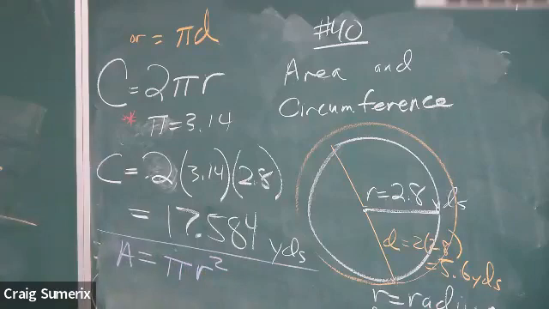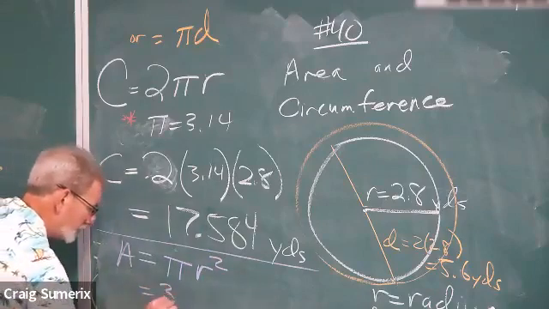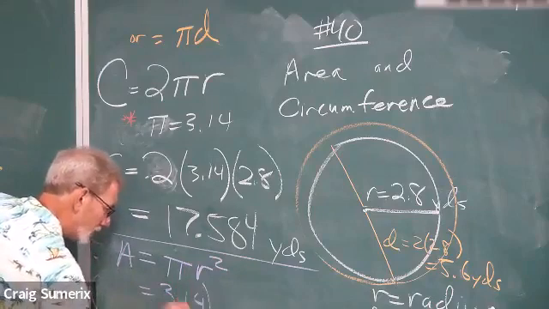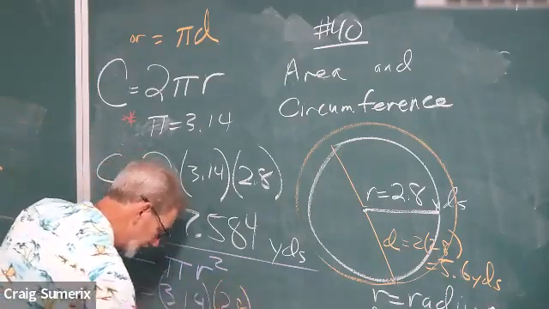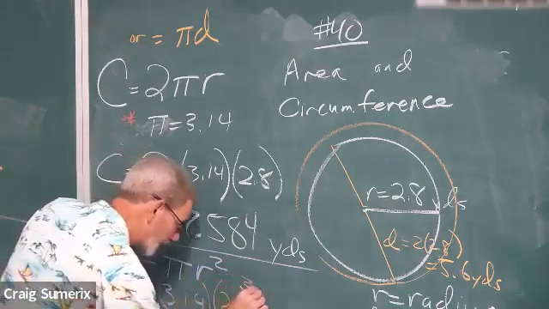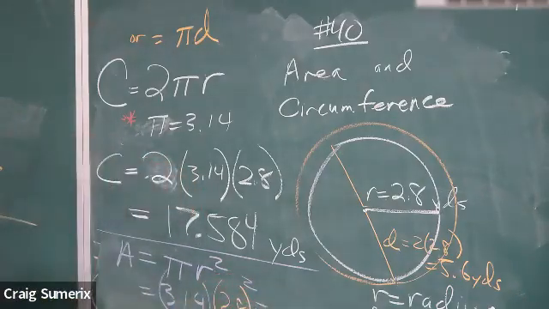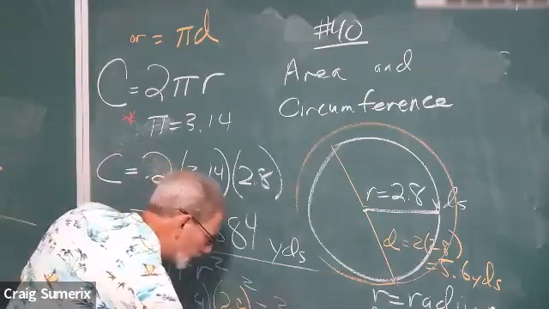It's the same three things, but lined up differently, because notice the 2 is in a whole different role here. 3.14 times 2.8 squared. What is 2.8 squared?